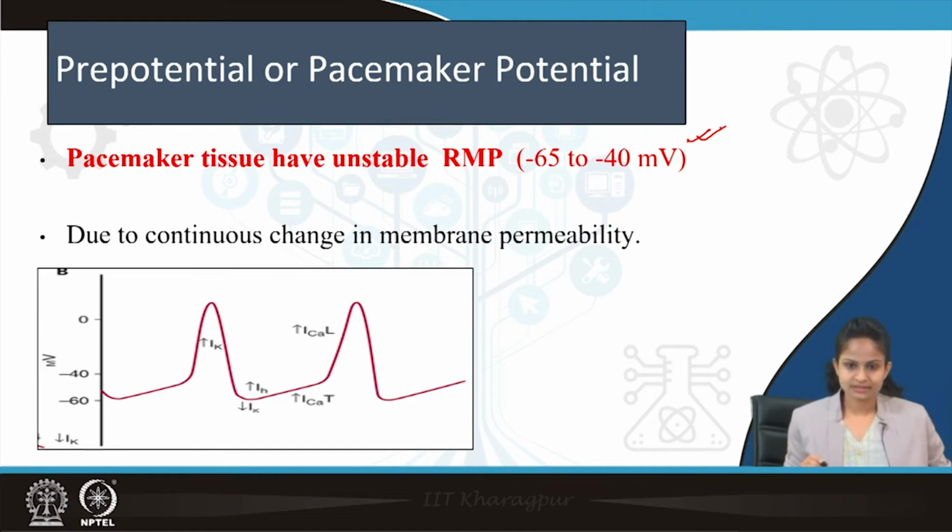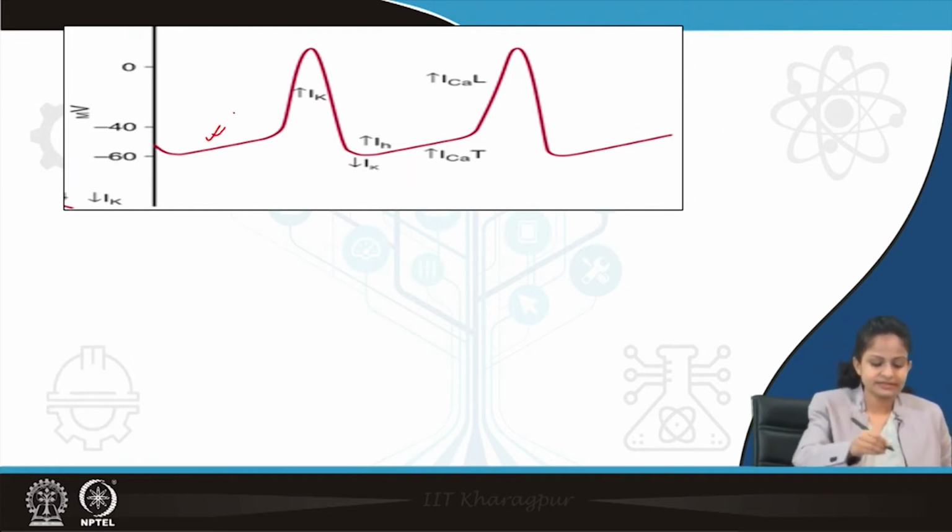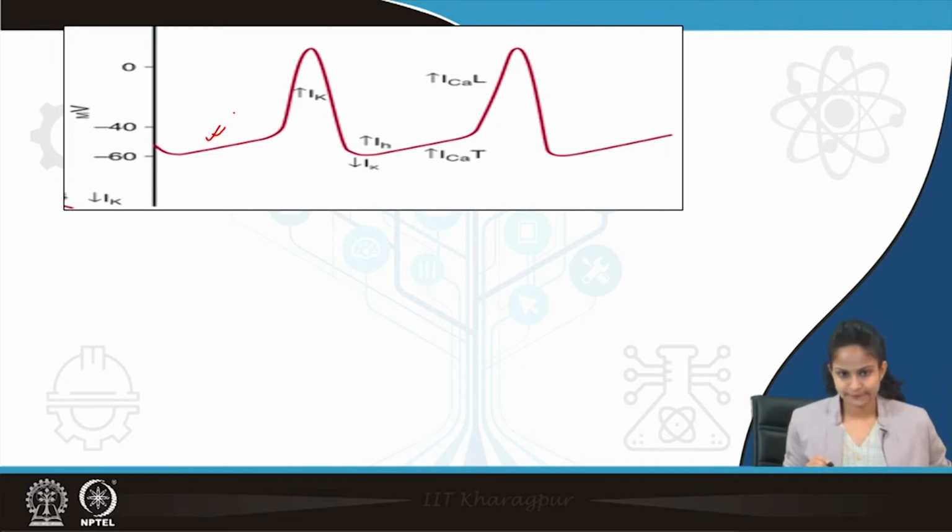We will come across the ionic basis of the various phases. This phase is nothing but the pre-potential or the diastolic depolarization. This pre-potential or diastolic depolarization or pacemaker potential is mainly because of two reasons.